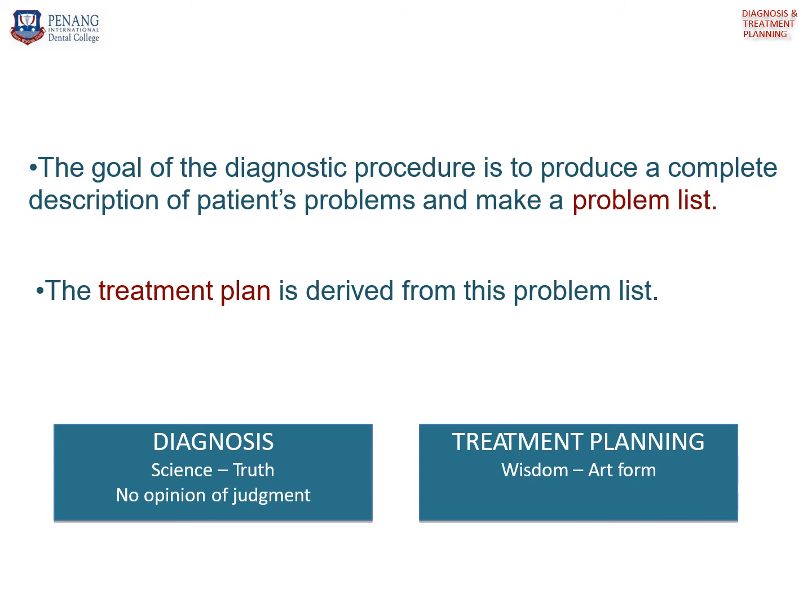As I said, a problem list is what you want to correct from your diagnosis. For example, you see that a patient is having a class 1 molar relation and a class 2 canine relation, so in your problem list you will not write the class 1 molar relation, because that is not a problem. You will be focusing more on the canine relation.